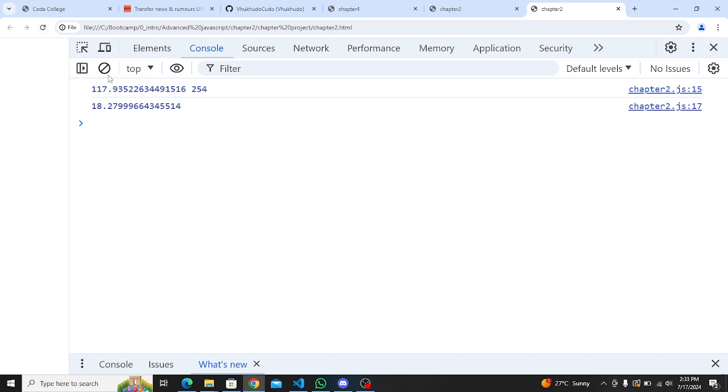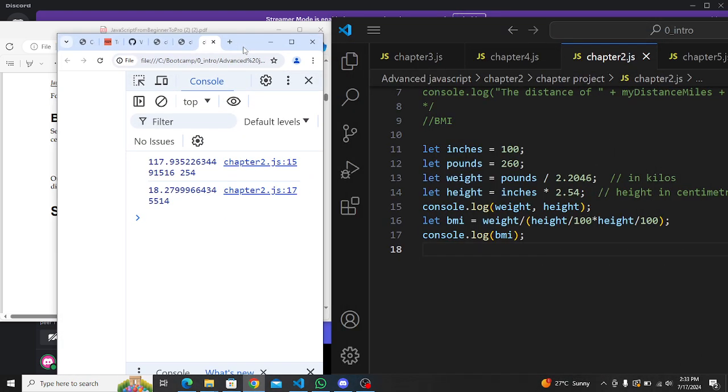Okay, so the first console here, which was when we were consoling the weight and the height, this is the answer that we get. And then the BMI, after dividing the weight by the height divided by 100 squared, and then we console it, we'll get this.